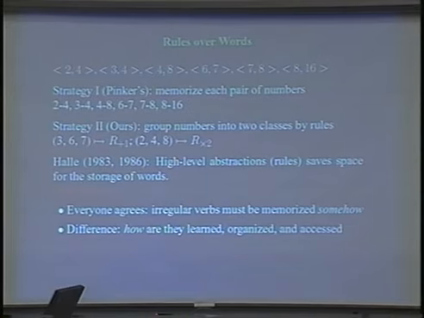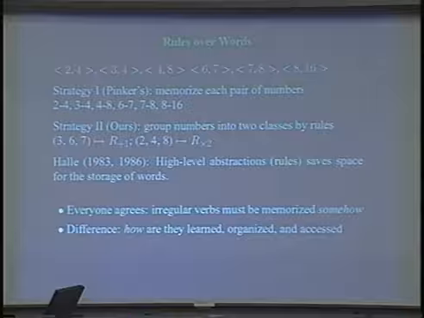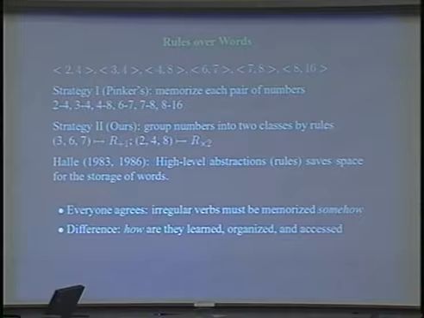Another strategy, which is ultimately what we're going to suggest, is that we may be able to find patterns between the first number and the second number, and come up with some higher order abstractions, namely rules. So in 3, 6 and 7, the second number can be generated by adding 1 to the first one, and 2, 4, 8 can be done by times 2.